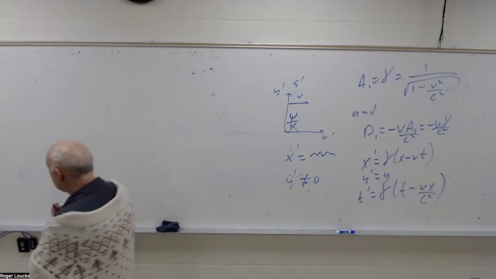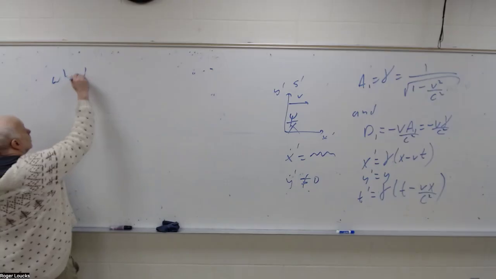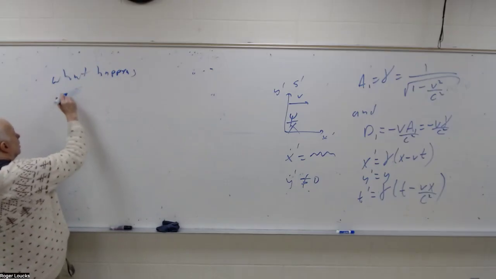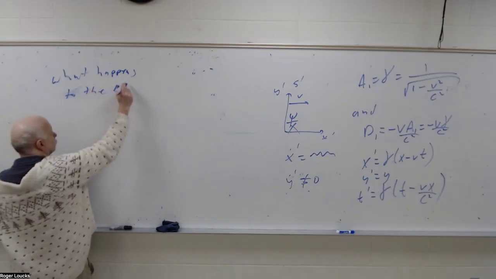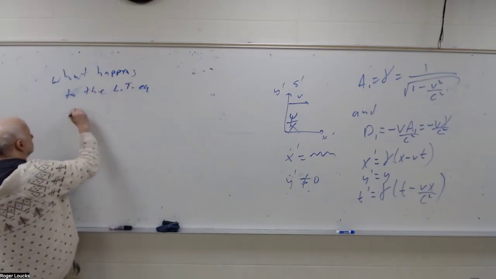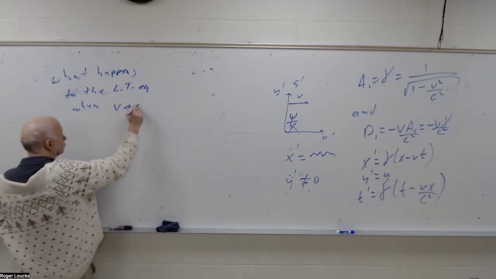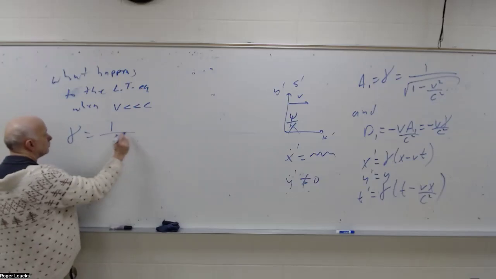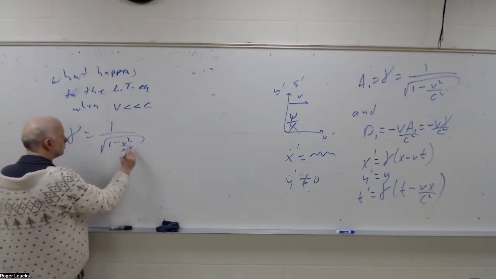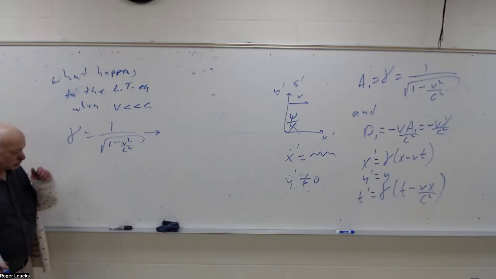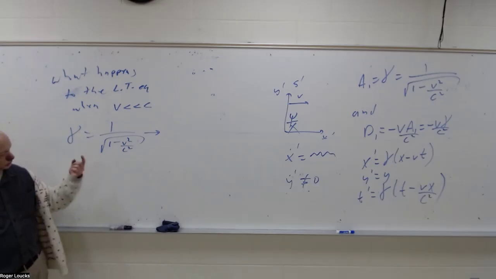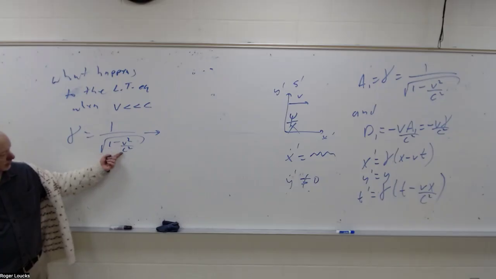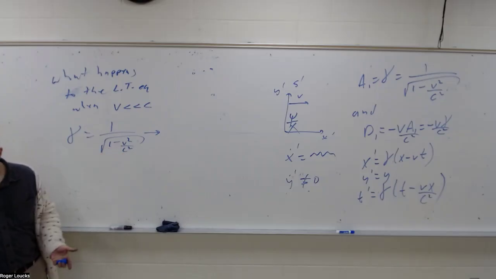Okay, what are we talking about? Okay, we're doing this. So what happens to the Lorentz transformation when v is much less than c? Let's look at my buddy gamma. What does gamma go to? Essentially one. You take any everyday velocity and divide it by the speed of light, squared, that's effectively zero.